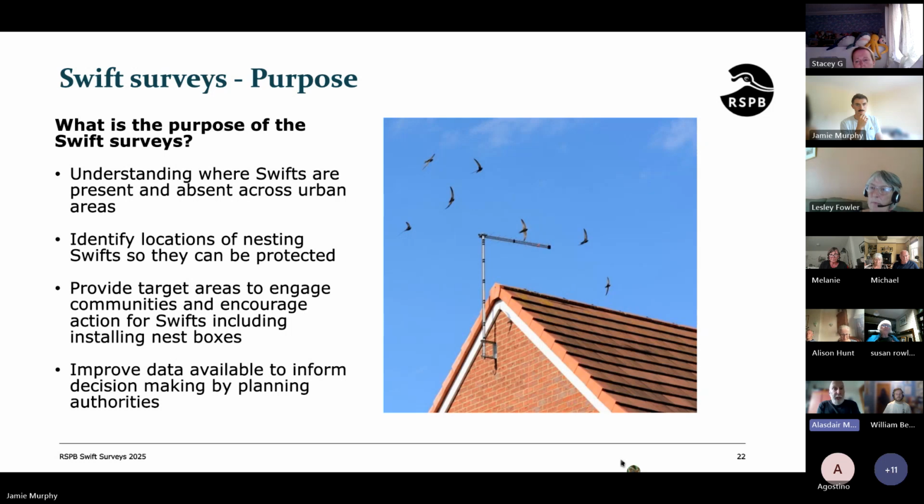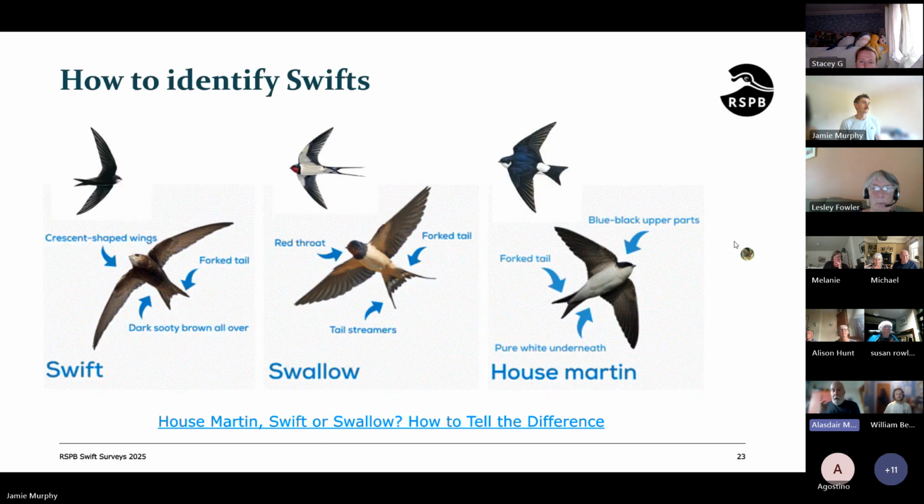But there are a number of local councils that are. So we're trying to put not pressure, but just encourage them to make this part of their planning regulations. And if we know how many Swifts there are, or how the number of Swifts has changed in an area, that gives us that information, and allows us to really encourage them to take action. So you can move on.